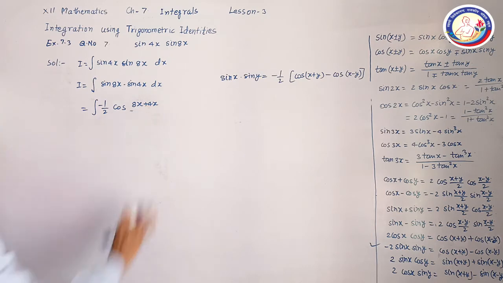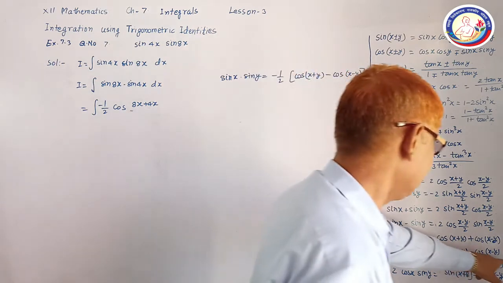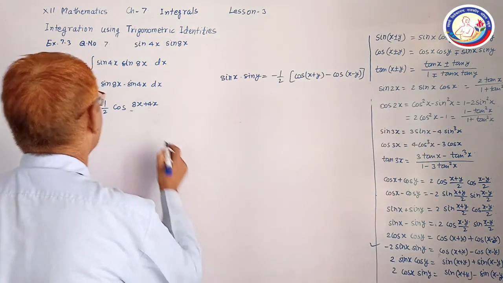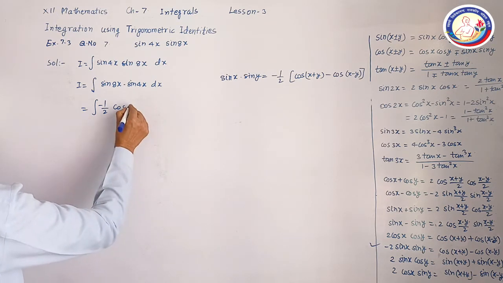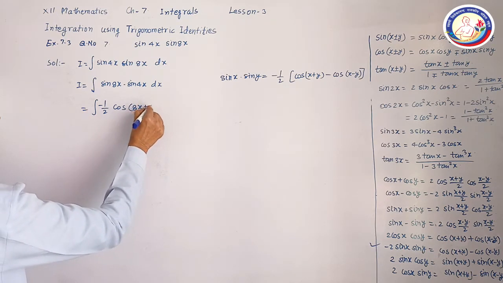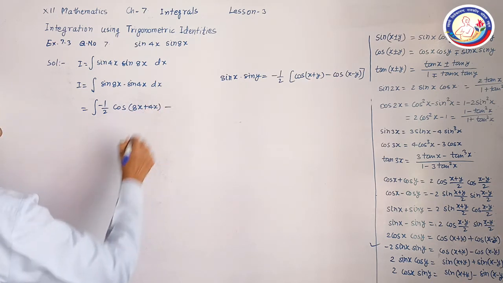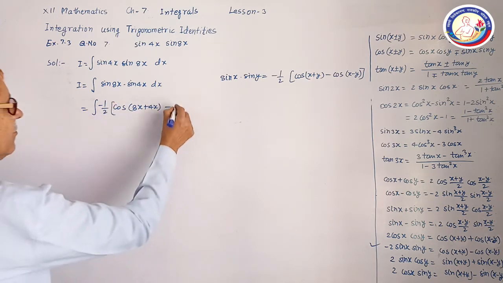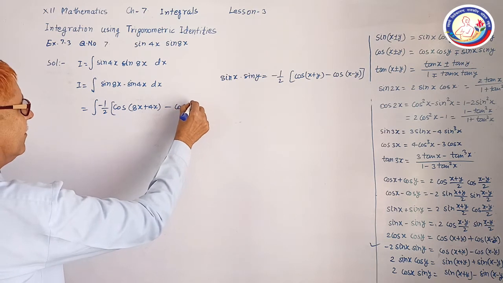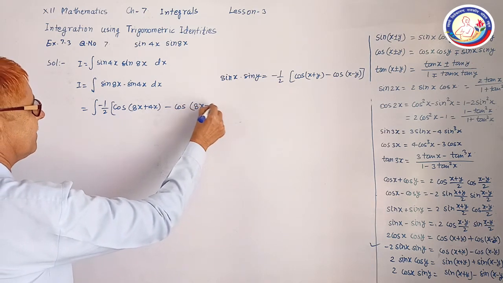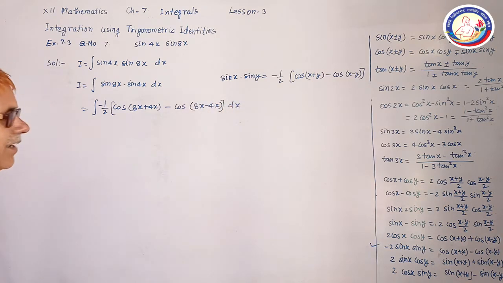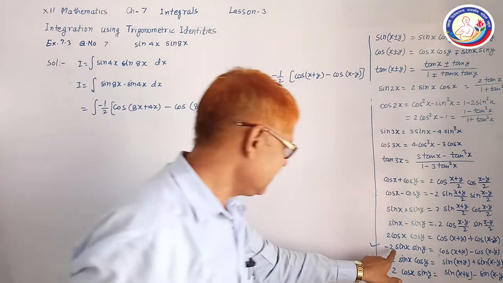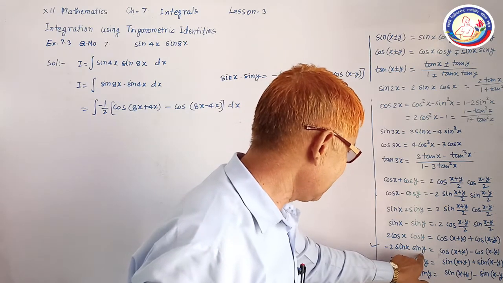Cos of 8x plus 4x using this formula, and minus cos of 8x minus 4x dx. We applied this formula, minus twice of sin x sin y.